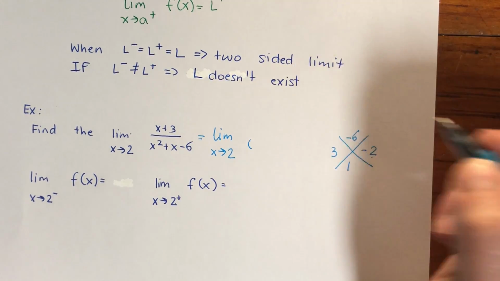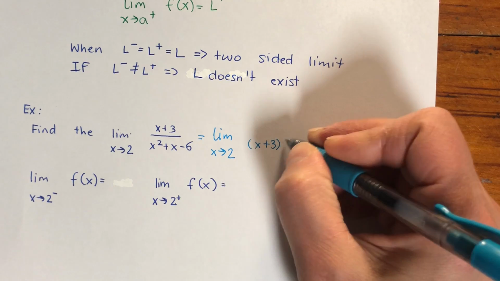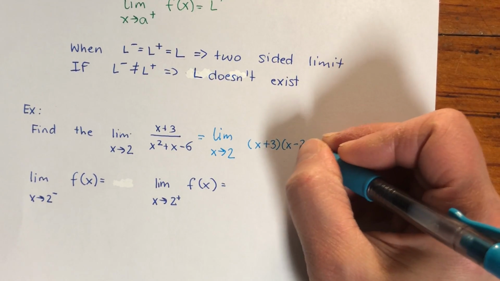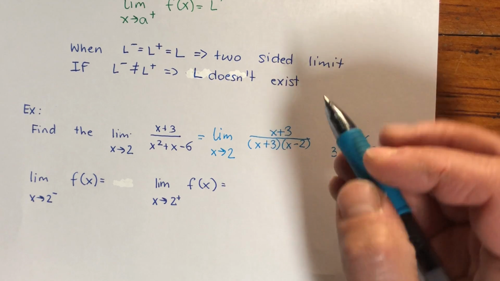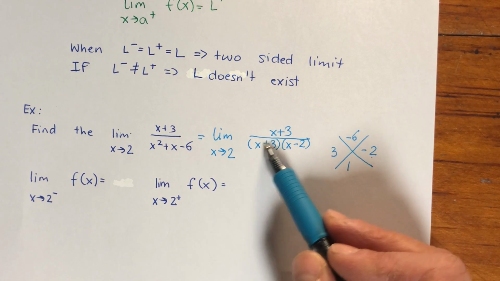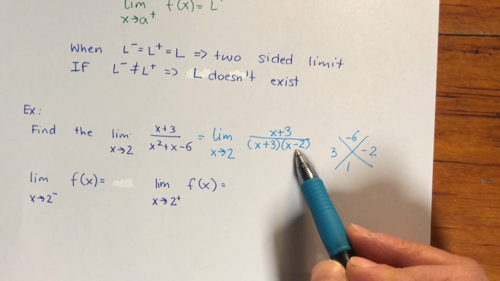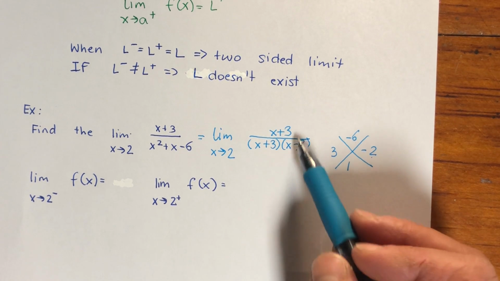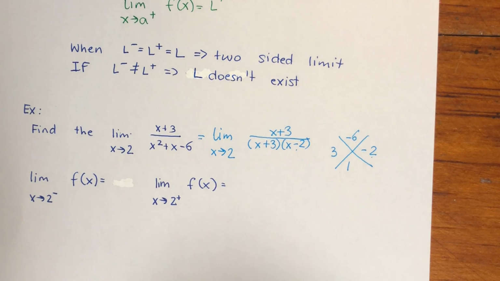Let's see if that helps me with anything. x plus 3, x minus 2, x plus 3. Well, notice, even though this simplifies, when you plug in 2, you still have that problematic term where you would be dividing by 0, so that really does not help.